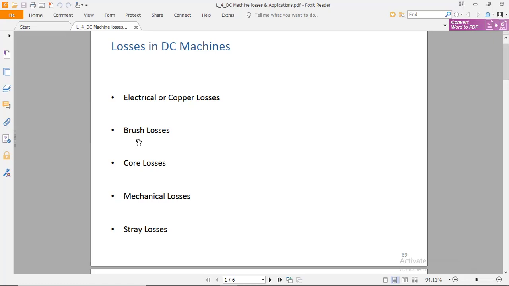Can anyone remember what kind of material I announced last lecture? What kind of material is made on a carbon base? I forgot the material. One is the carbon, and the second one I can't remember. So hopefully, by selecting good carbon brush material, we can reduce the carbon brush loss.